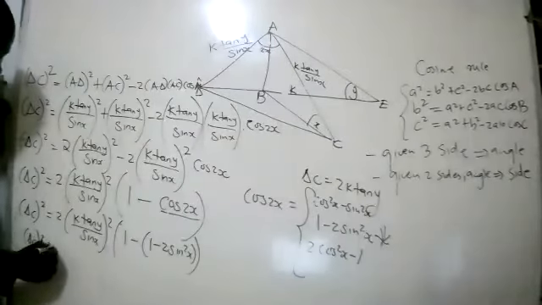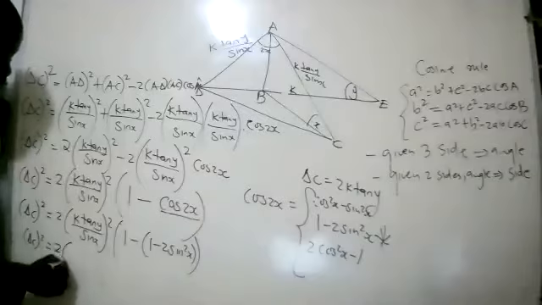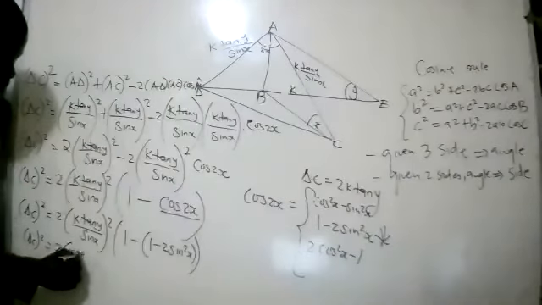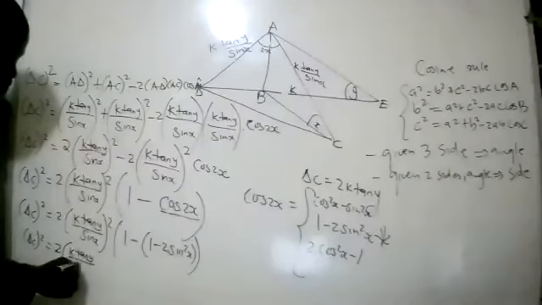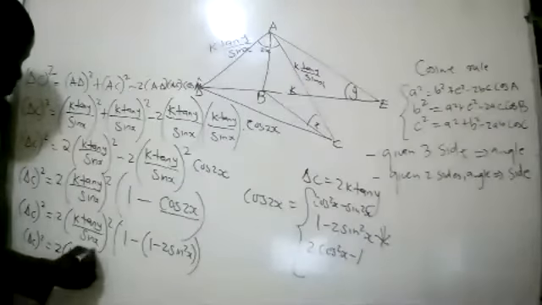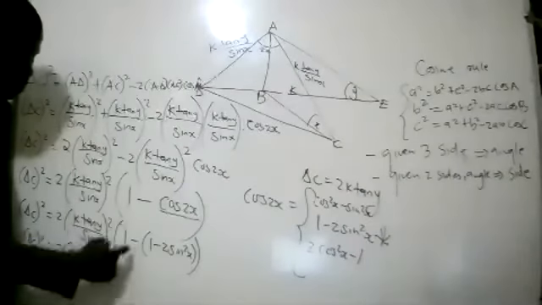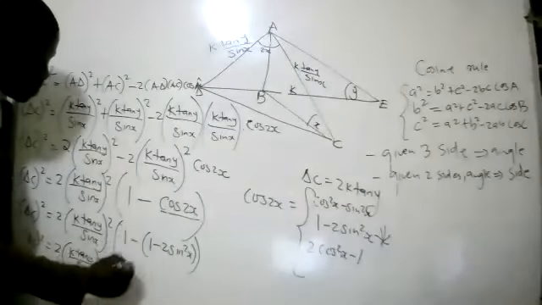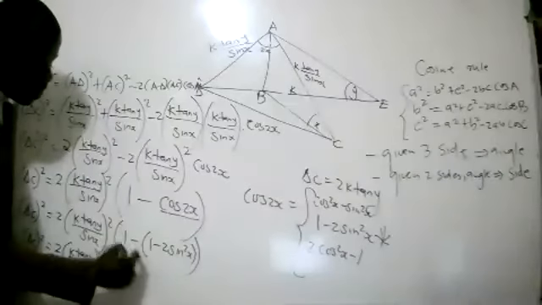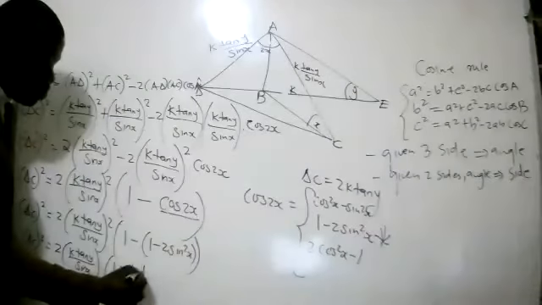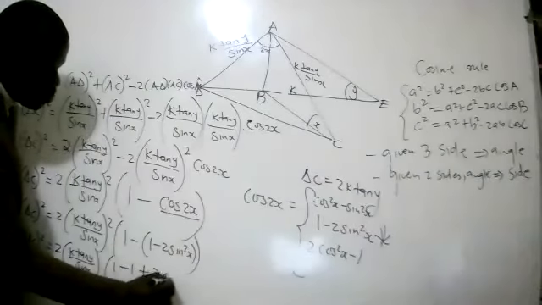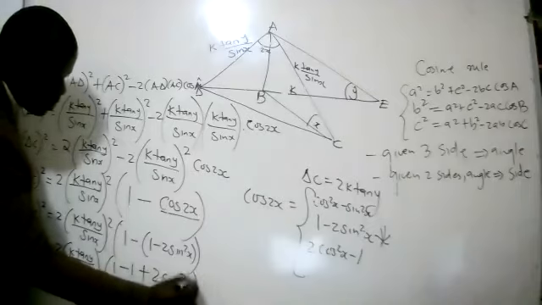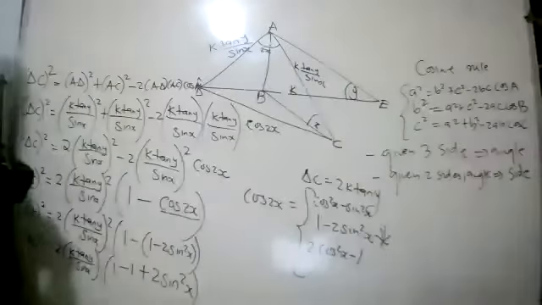The simplification of this is going to give us 2 into k tan y all over sine of x. And this negative multiplies throughout. So when it multiplies with 1, we're going to have negative 1. And then negative times negative will be positive 2 sine squared x, like this.